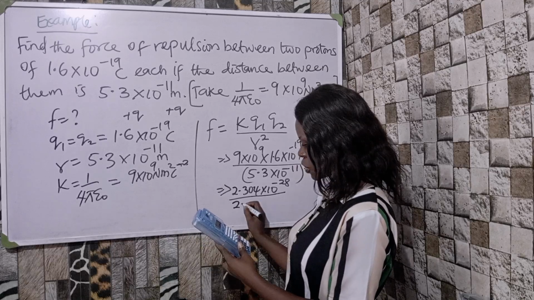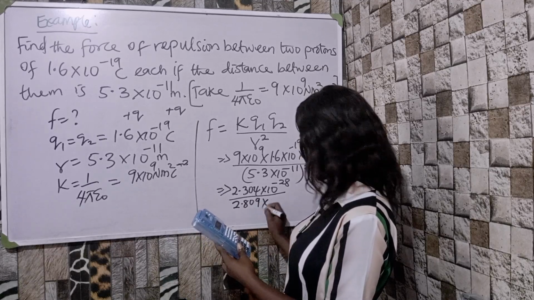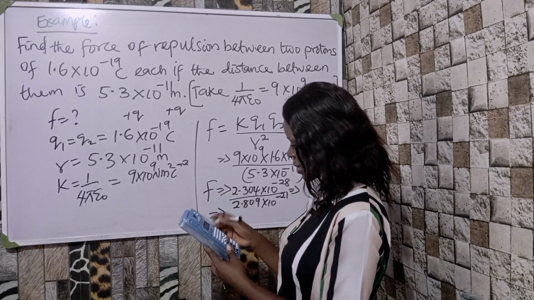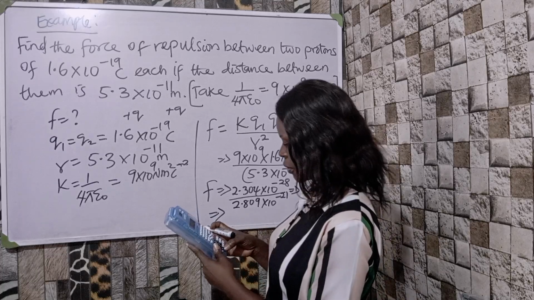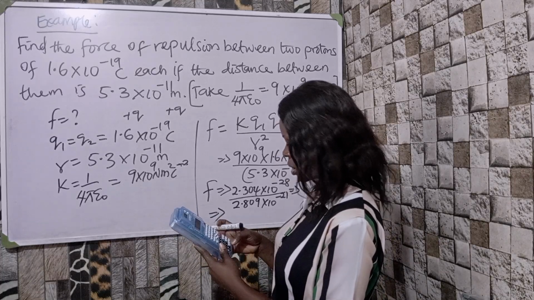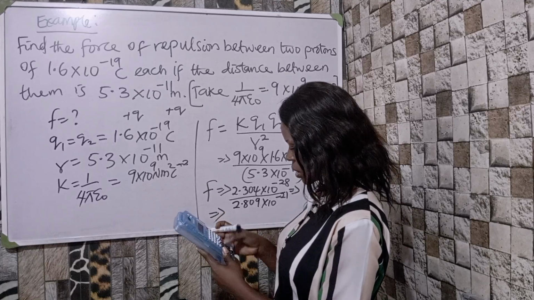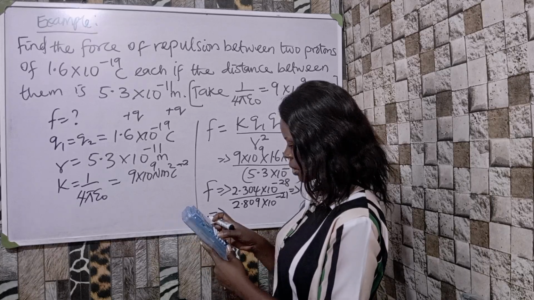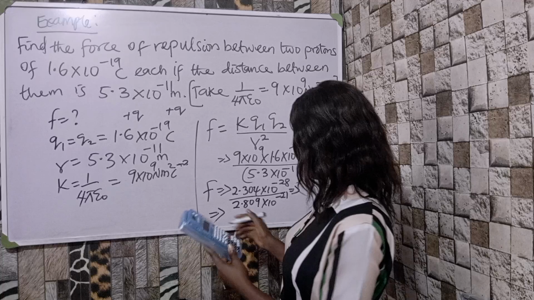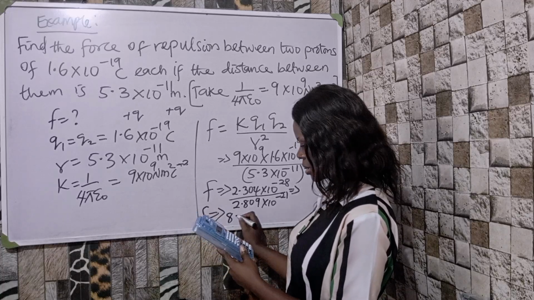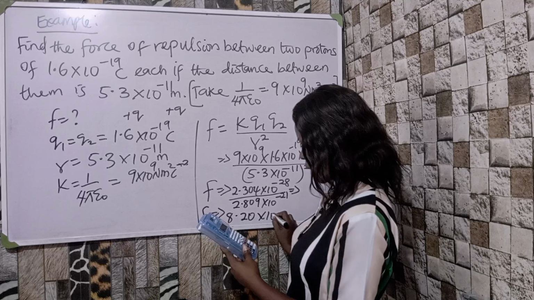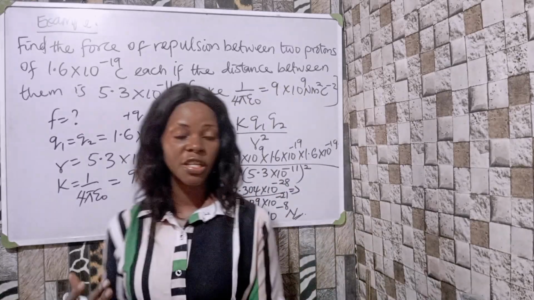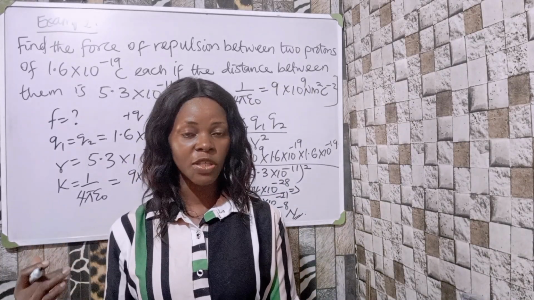So we have 2.809 times 10 raised to power minus 21. Okay, so let us divide it. 2.304 exponent minus 28 divided by 2.809 exponent minus 21 is equal to 8.20 times 10 raised to power minus 8. So this is how we can solve for the electric force in this particular question.